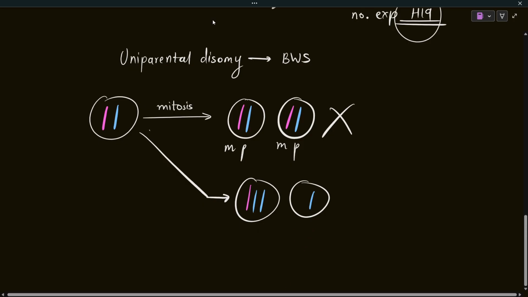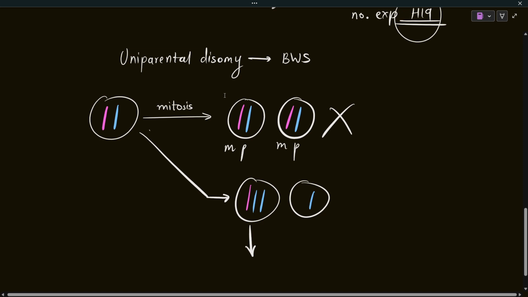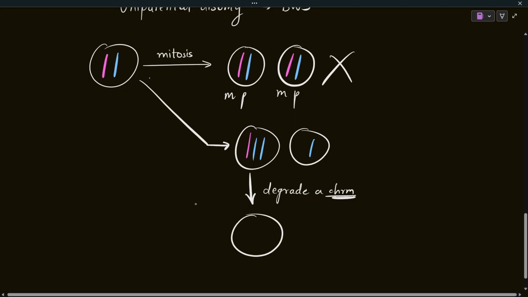This imbalance is the result of mitosis. So there will be degradation of one chromosome in this cell. This cell will degrade a chromosome for maintaining the balance. So there could be two possibilities.